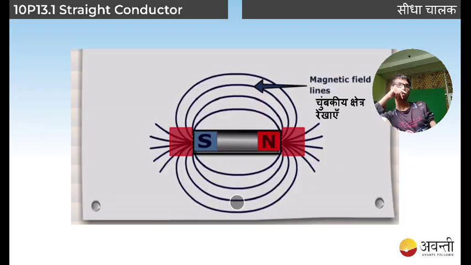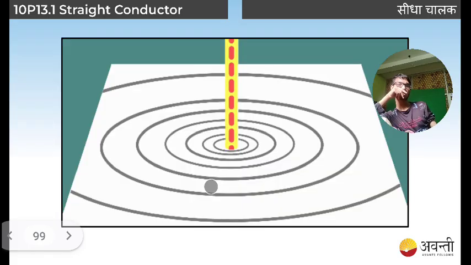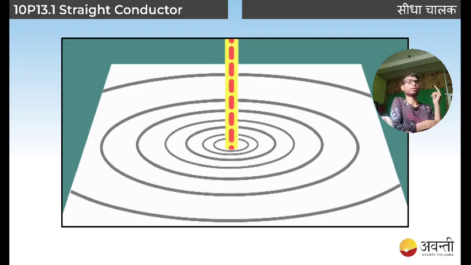Both are different. Here we are using only a magnet, but in this case we are using a conductor which is conducting electricity, and both make different magnetic fields.